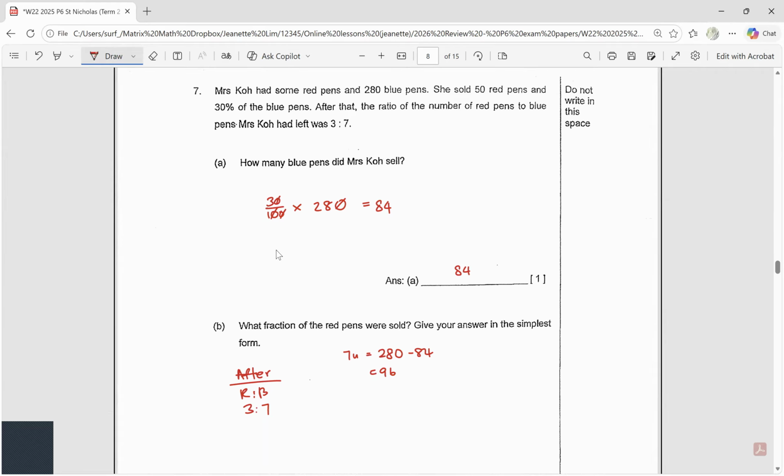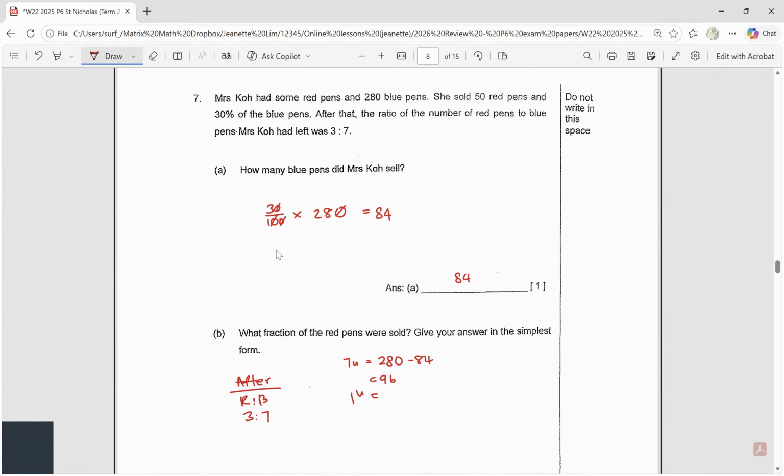Then you find 1 unit. So it's 196, not 96. 1 unit is 28.